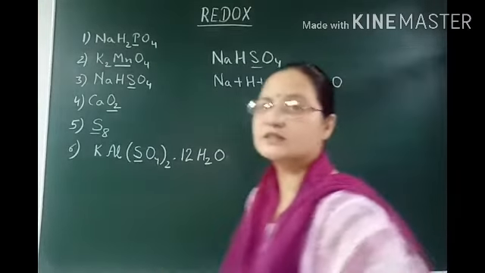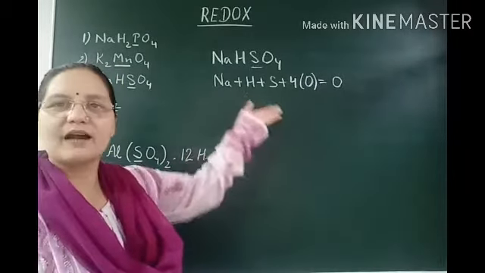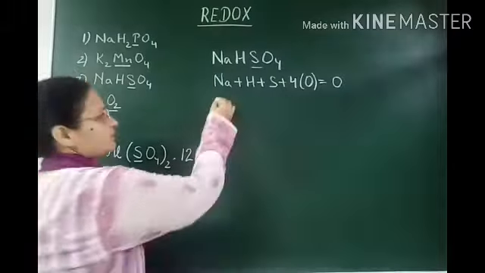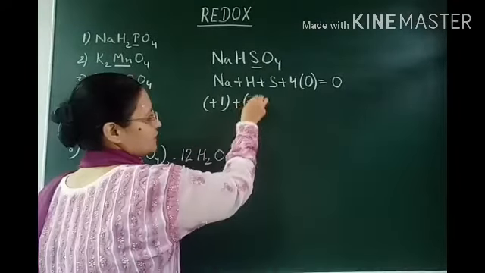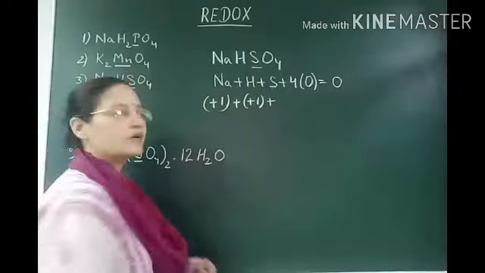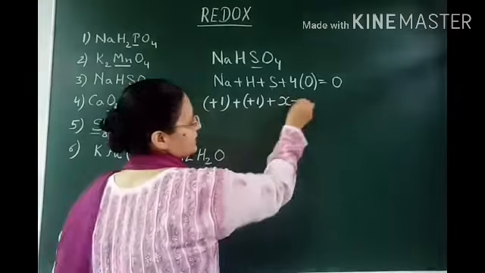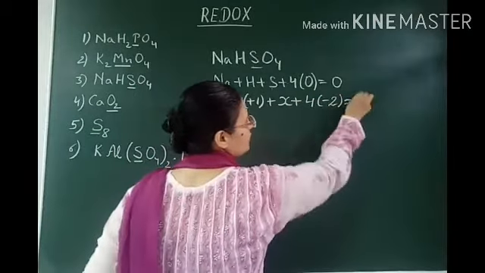Now let's put the oxidation states of the known elements like sodium, hydrogen and oxygen. Sodium +1, hydrogen again +1, sulfur we have to calculate, so it must be X, and oxygen -2, which is equal to 0.